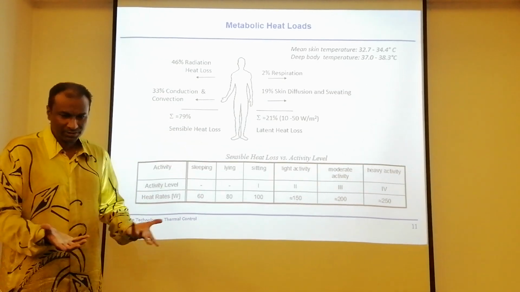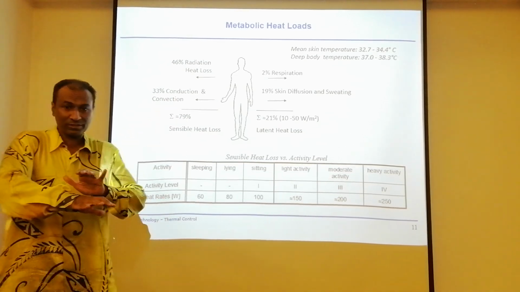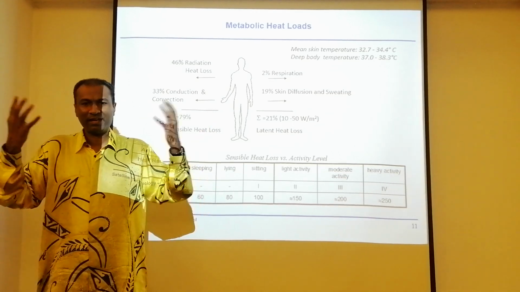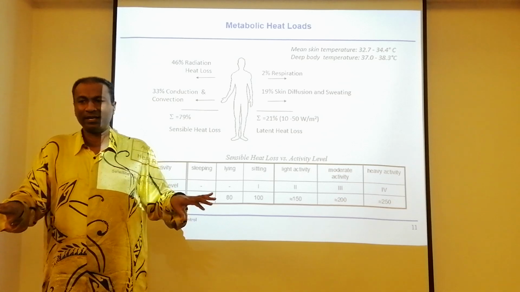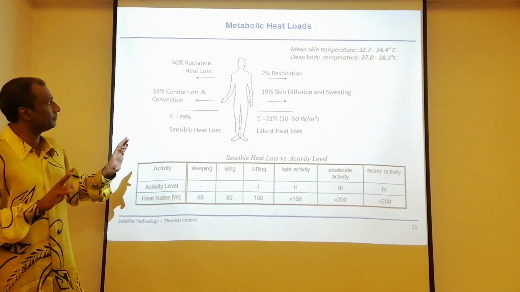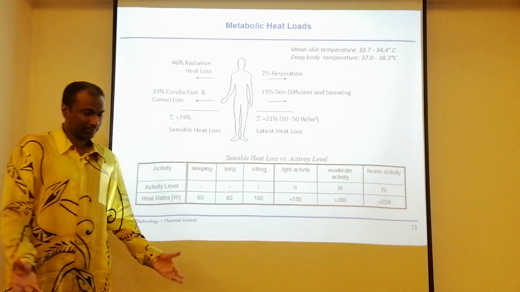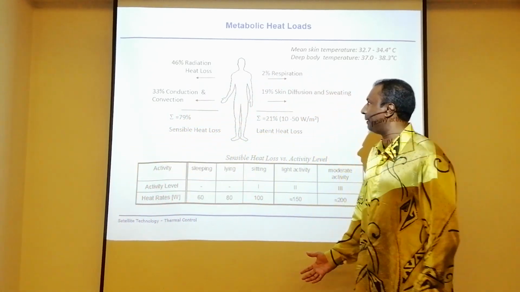I'm holding a pen, conduction takes place. How can convection take place? Convection is this: you have an airflow here, so you can take away the heat. That is how convection takes place also. Okay. Radiation automatically is going to happen because I am a heat emitting body, so radiation should happen as well.